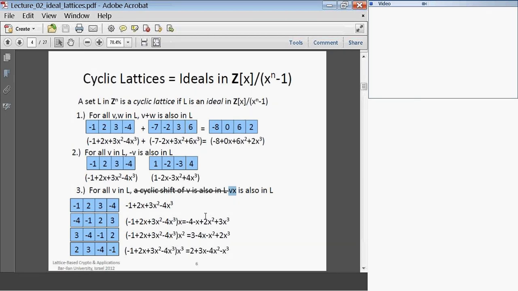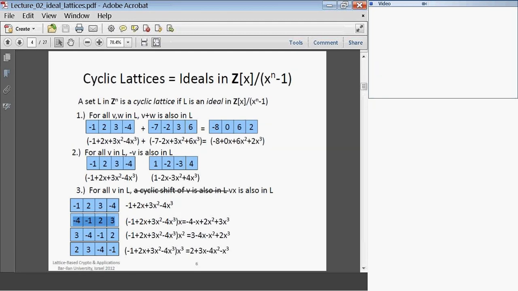And if you perform this operation followed by division by x^n minus 1, we will have the same type of vectors that were produced by cyclic shifts. So generally speaking, let's say -4 multiplied by x to the power of 3, when multiplied by x, the power of x becomes 4, and in this case we're dealing with the case of n equal to 4.